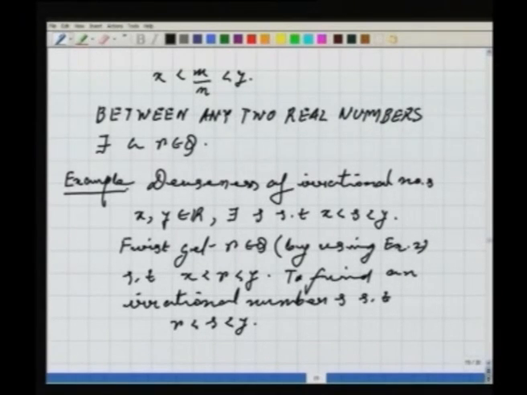Well, you will be surprised to see that I can manage some such s with an explicit knowledge of only one irrational number which we have seen so far, that is root 2. Well, what I do is as follows. I look at first y minus r, and obviously this is bigger than 0.